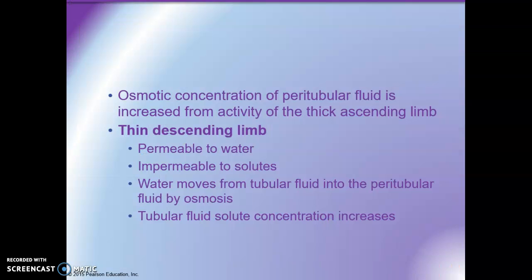Osmotic concentration of peritubular fluid is increased from the activity of the thick ascending limb. The thin descending limb is permeable to water and impermeable to solutes. Water moves from the tubular fluid into the peritubular fluid by osmosis, and the tubular fluid solute concentration increases.